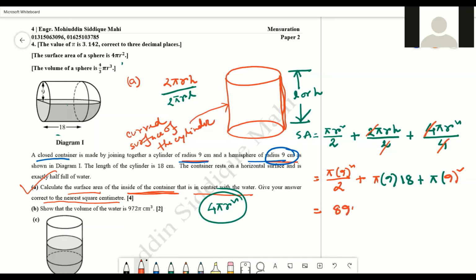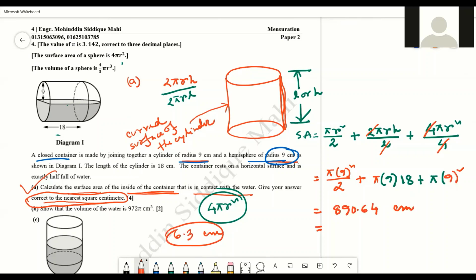The answer will be 890.64 square centimeters. But we have to find the answer correct to the nearest square centimeter. Say, for example, the length of a pen is 6.3 centimeters, and I ask you to write this value correct to the nearest centimeter.